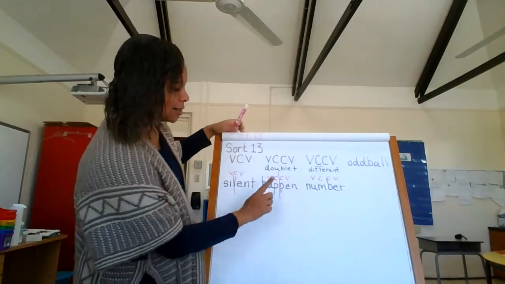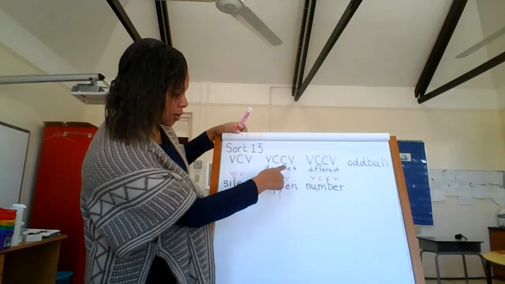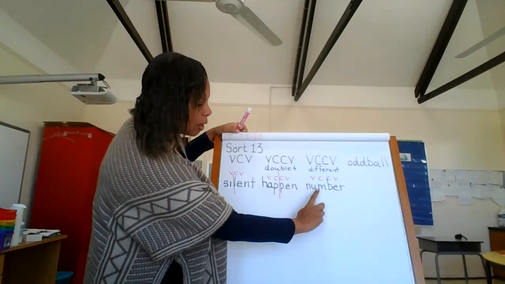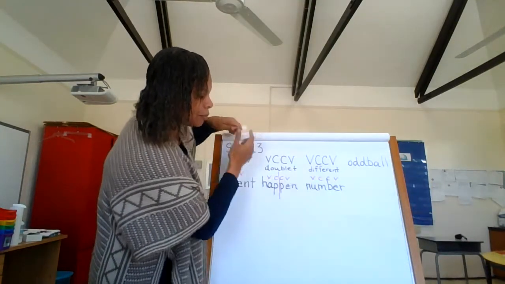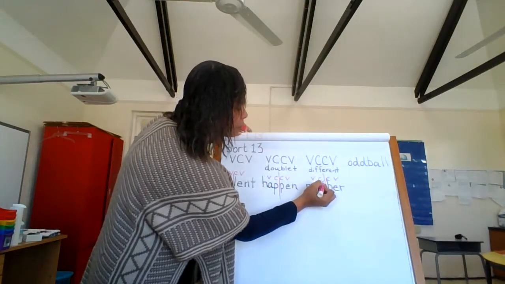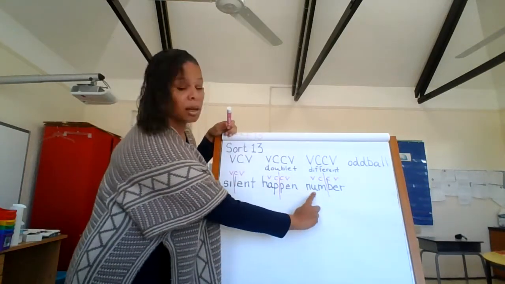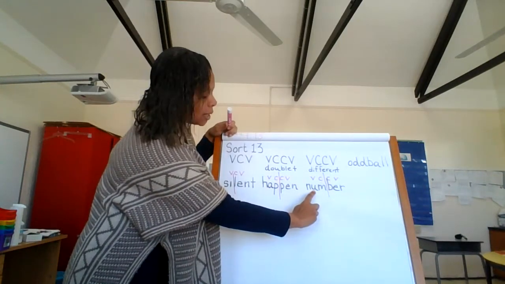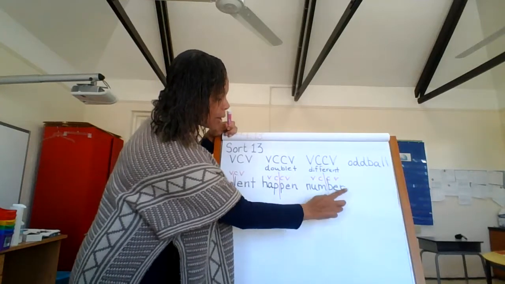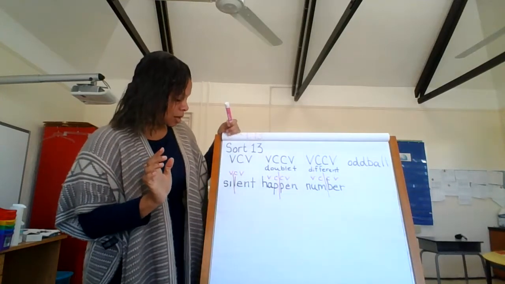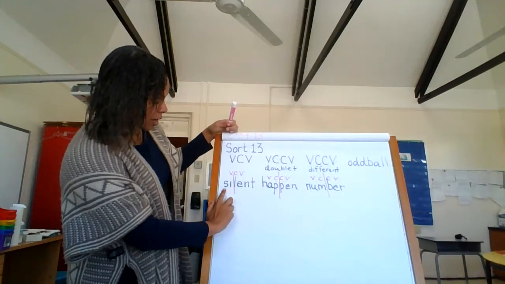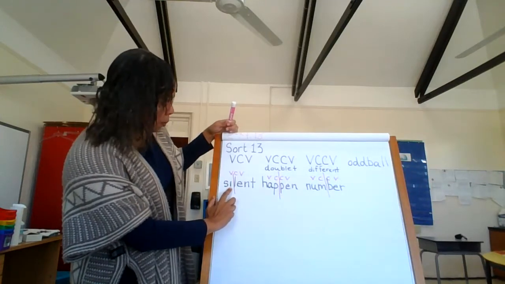Okay, next. VCCV different, it follows a similar pattern. So we look for the two consonants in the middle. You can split them right down. Short vowel sound, up like an umbrella. So this word is number. Okay, does that make sense? So, for VCV, it ends in a vowel, so this is an open syllable.